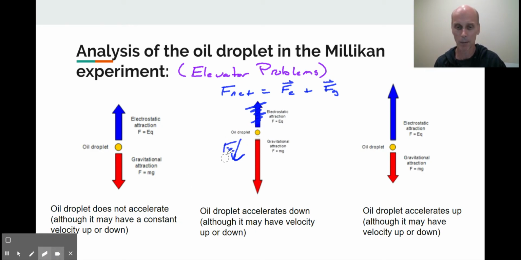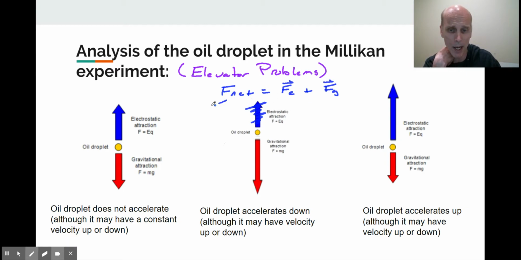But regardless, we can always start with this big concept of Newton's laws of motion, where the net force, the mass times the acceleration, is going to equal the net or the sum of the forces acting on the object. Electrostatic force, which is going to be Q times E, gravitational force, which is M times G. So keep this in mind.